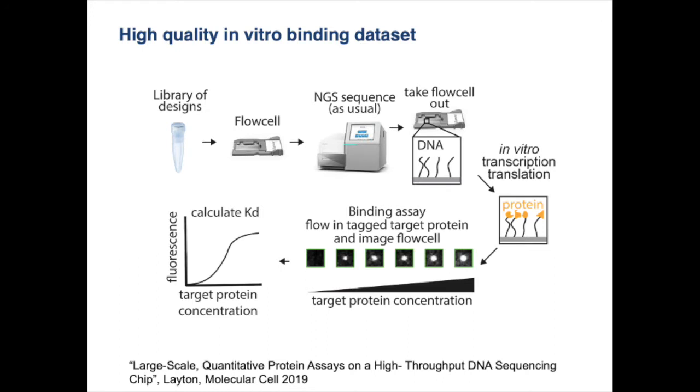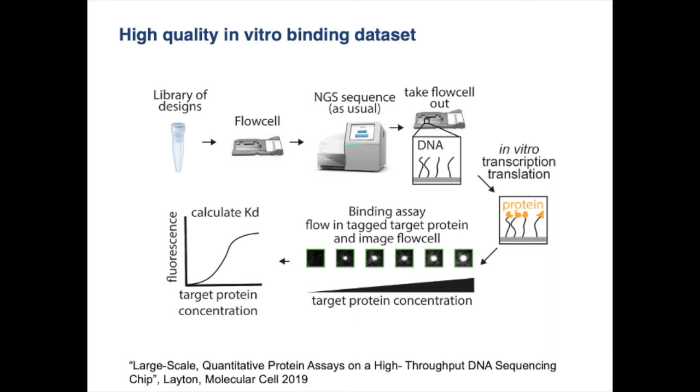So we have an ongoing collaboration with Will Greenleaf's lab at Stanford. They have developed a high throughput method for doing in vitro binding curve experiments. It's a very clever assay. Basically, you do an in vitro binding curve assay inside of a MiSeq flow cell.